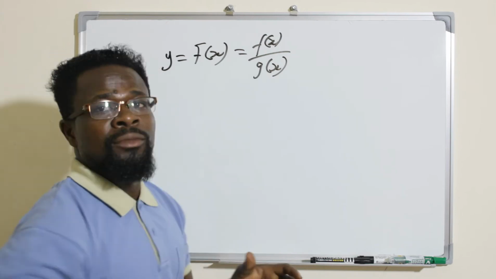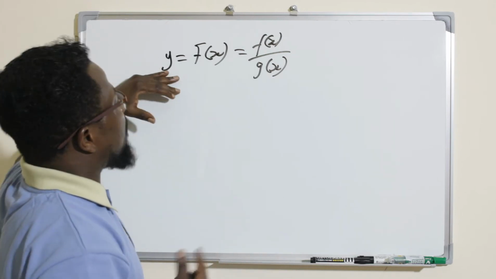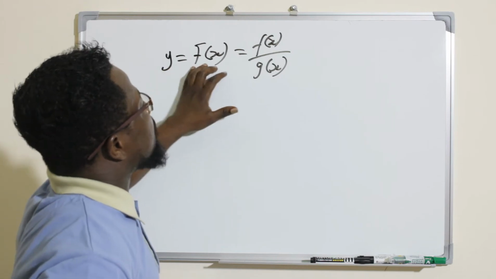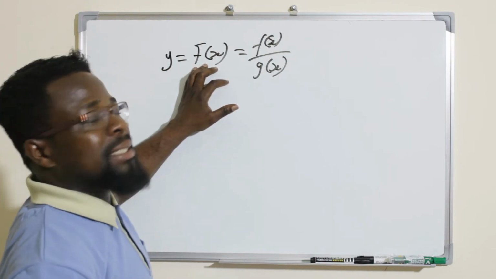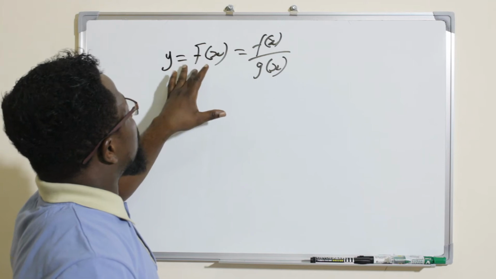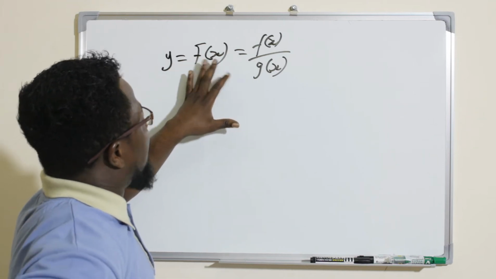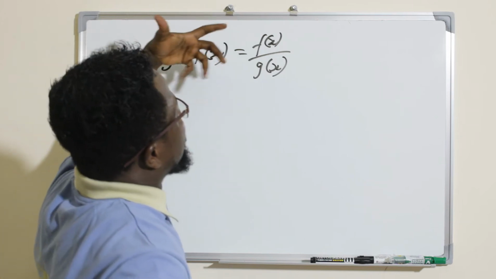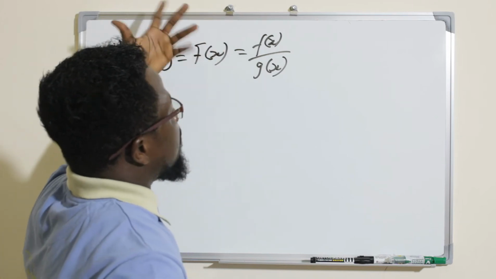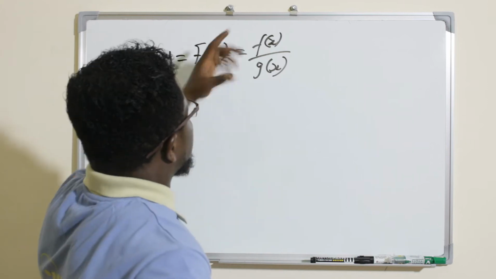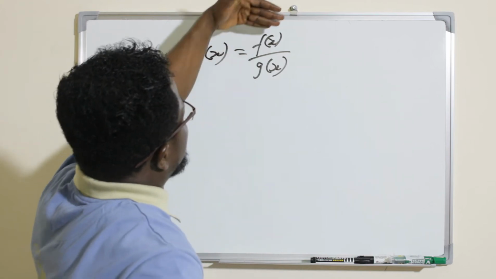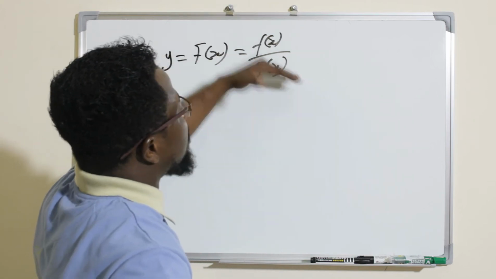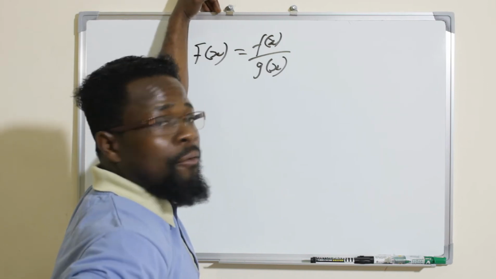We can see we are having a function y, and y is also equal to capital F of x, which means that this capital F of x is two functions in a quotient form. There is a fraction, there is a numerator, and there is a denominator in this form.